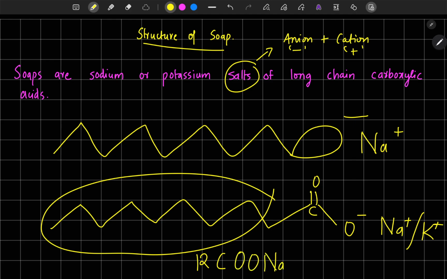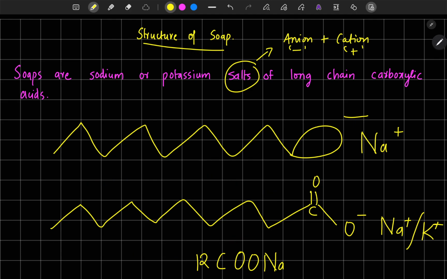This is the general formula for soap. RCOONa. This is the general formula for soaps.